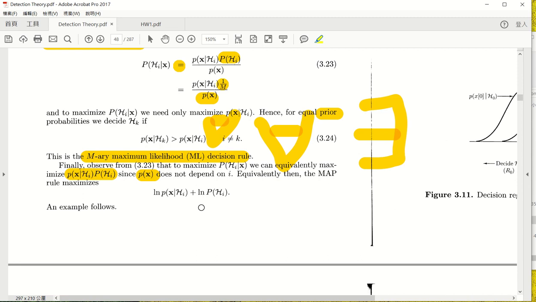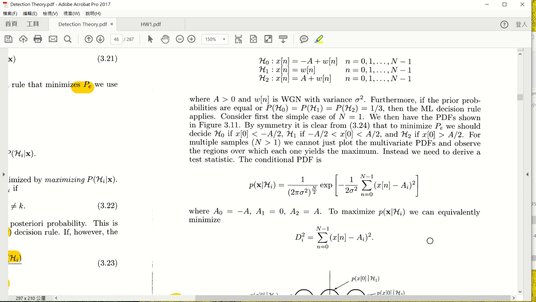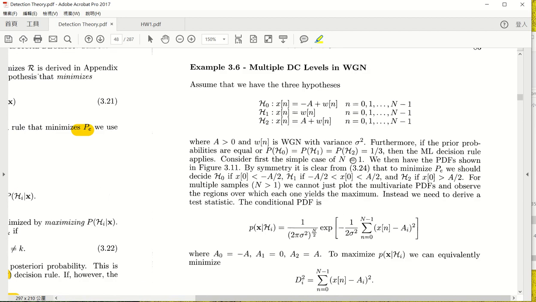This is called monotonic because the log function is monotonic. Okay, so you want to maximize this, then you maximize this, which is equivalent. All right. So an example that follows. Assume that we have three hypotheses.